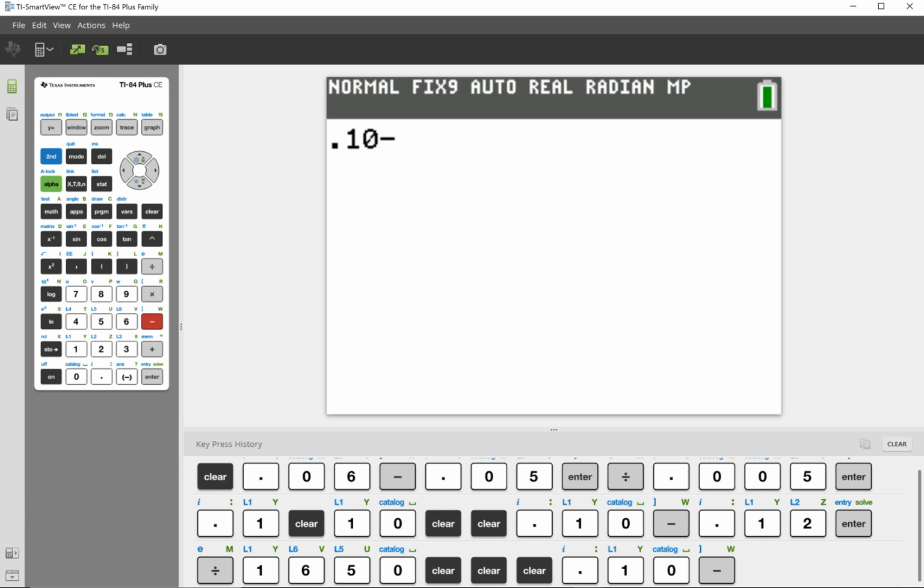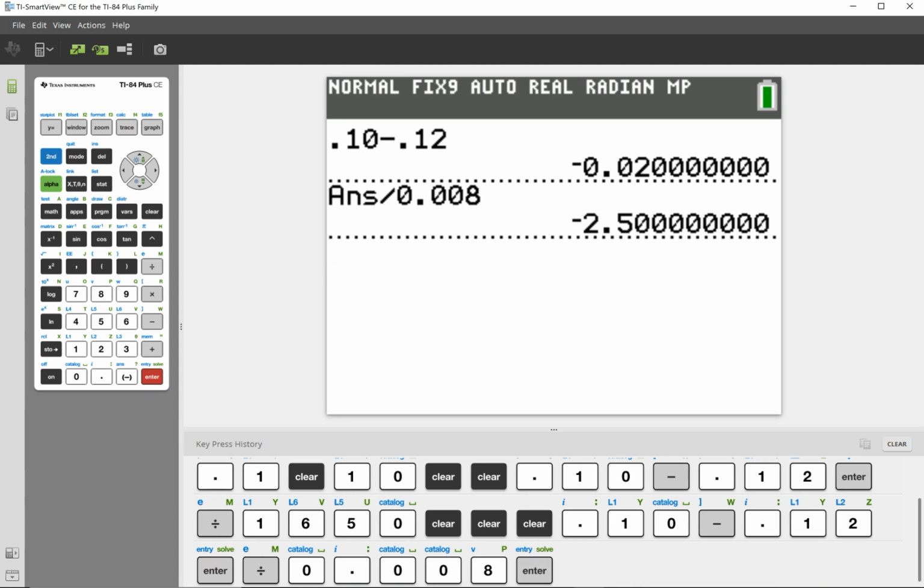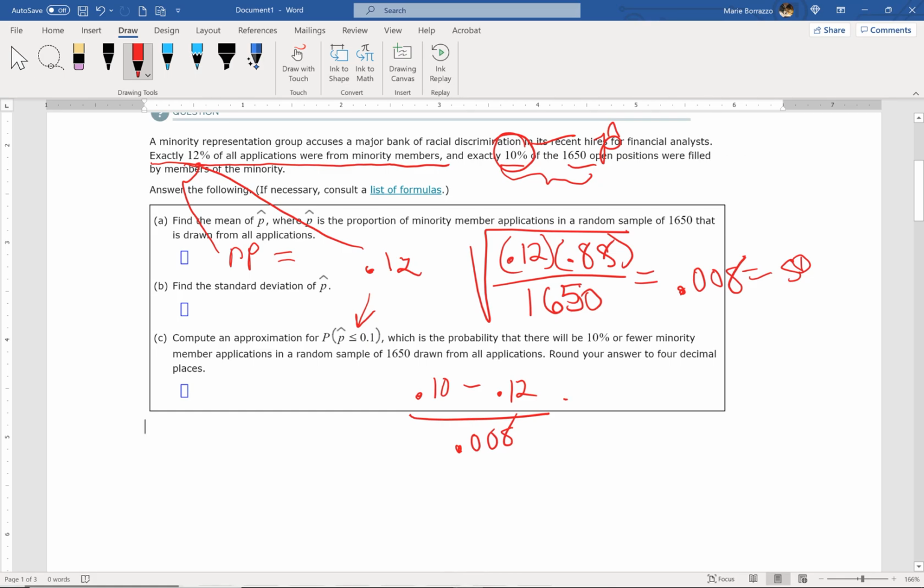So 0.10 minus the 0.12. Okay, and then we're going to divide that by 0.008. Now, that means that the z-score is a negative 2.5, if you notice up on the screen. So the z-score is less than negative 2.5, and they're asking you what is the probability less than or equal to 0.1.